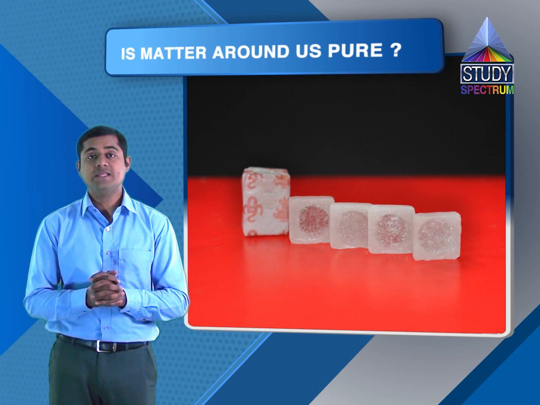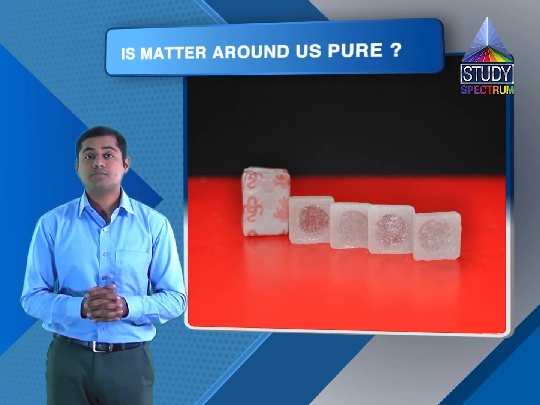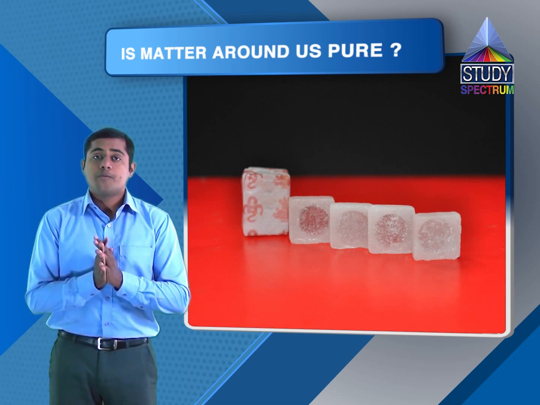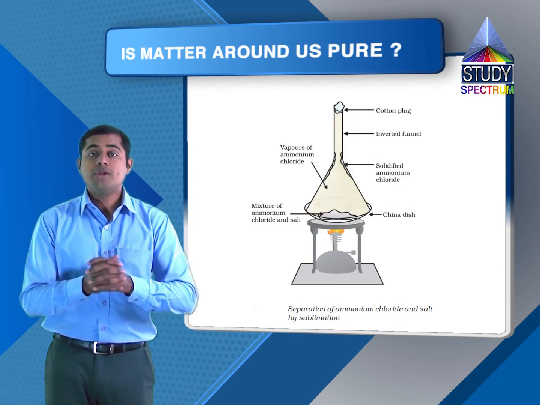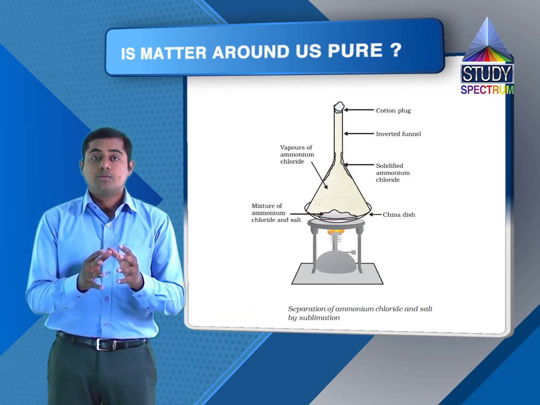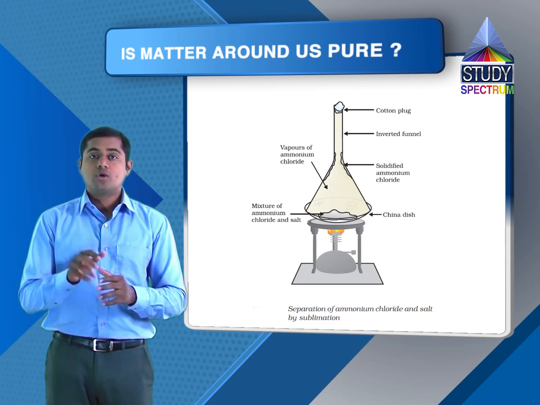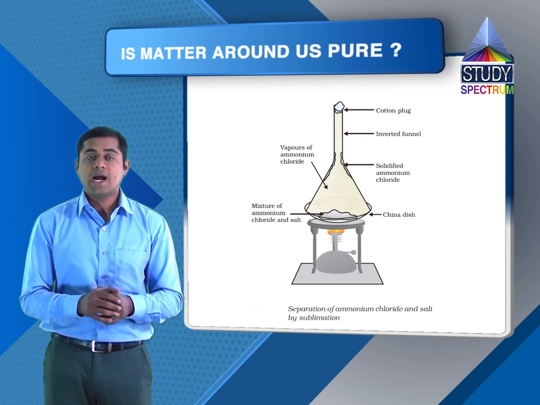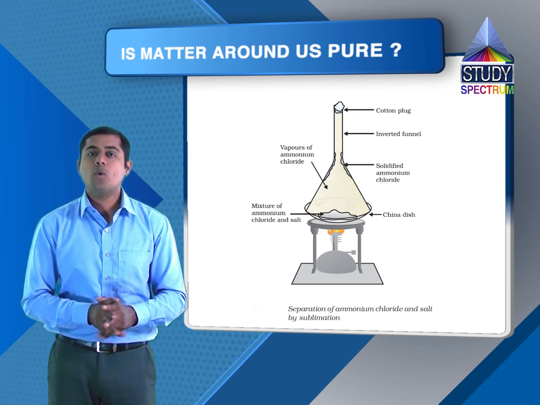We have already seen the example of camphor in our homes, in our day-to-day use. So, when there is a mixture of salt and ammonium chloride, put that mixture into a conical flask. Close the top of the conical flask with a cork, and now put that conical flask on a flame. What happens?